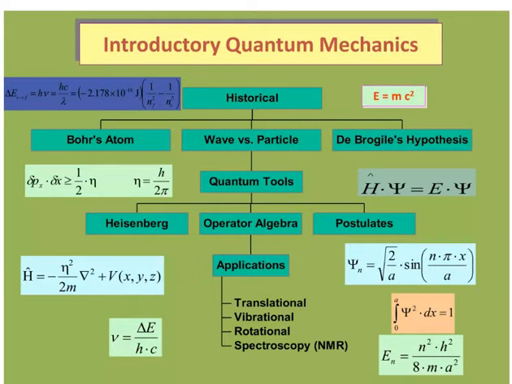Then applications: translational, vibrational, rotational, spectroscopy. So you can see the historical background starting from E is equal to mc square.